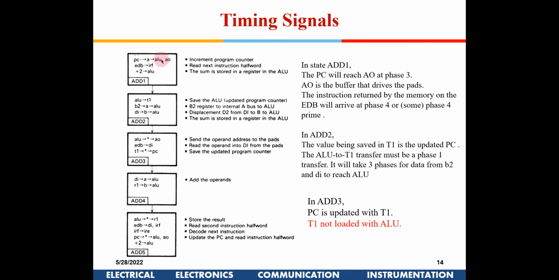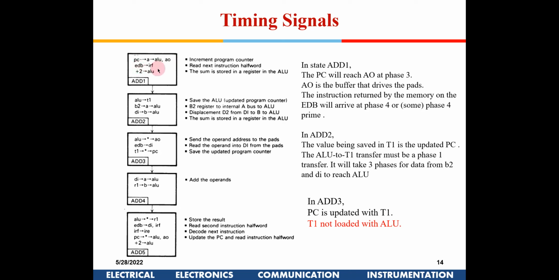Now there is one issue which you need to remember here. Since the data from the PC will be placed onto the address bus in phase 3, the memory has to operate fast.